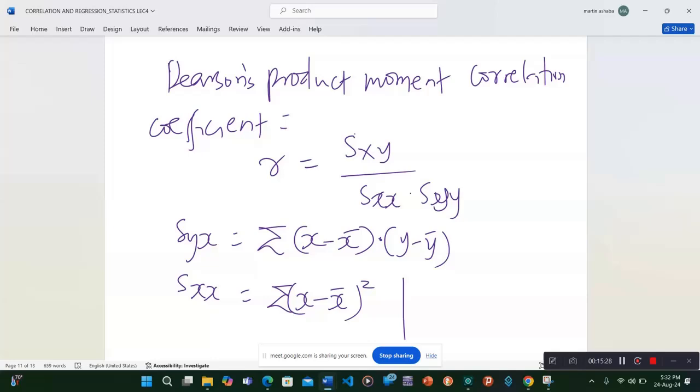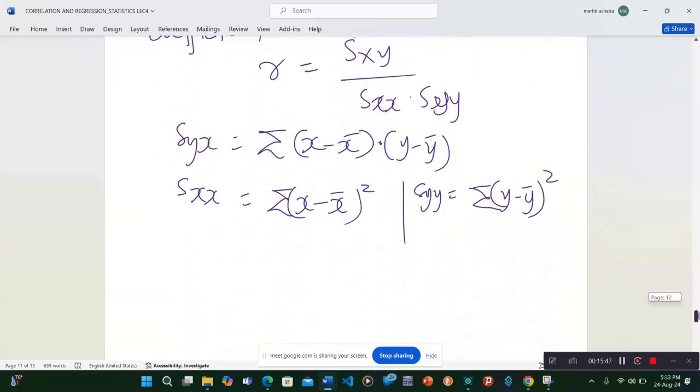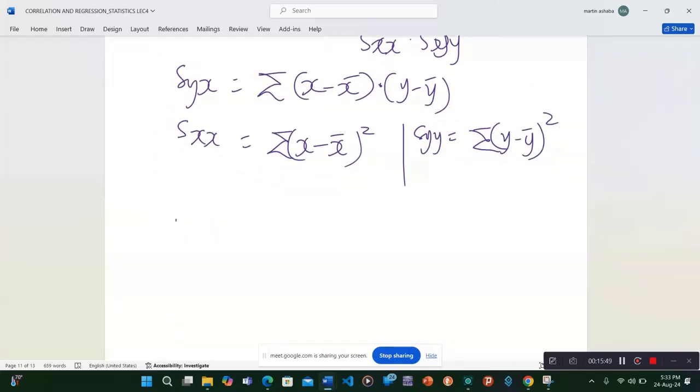Then you also find that there is SYY, which is equal to sum of Y minus Y bar, everything squared. When you put that together back in that formula, R is equal to sum of X minus X bar into Y minus Y bar.